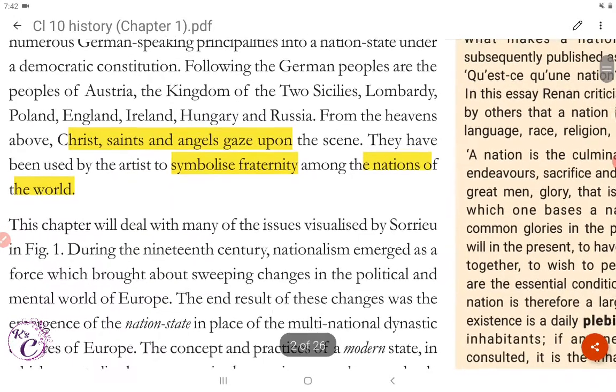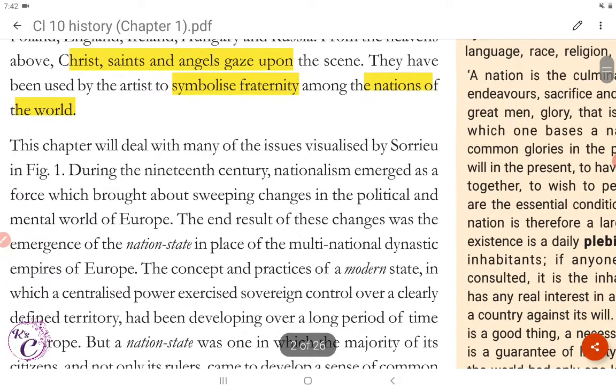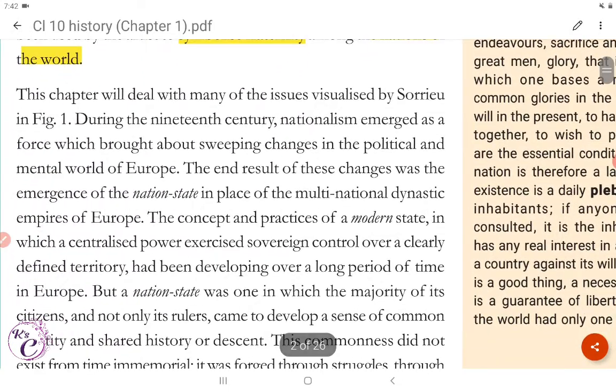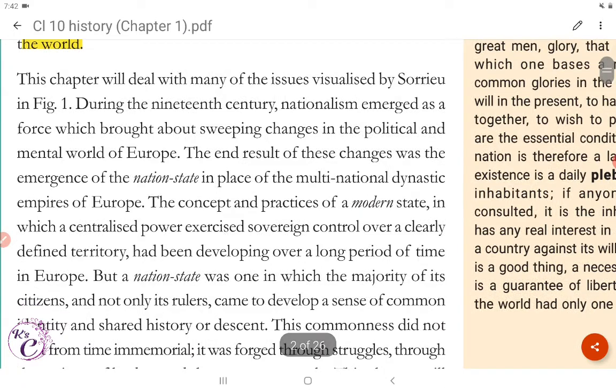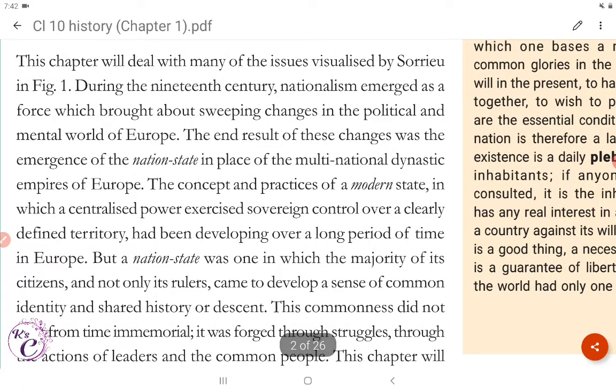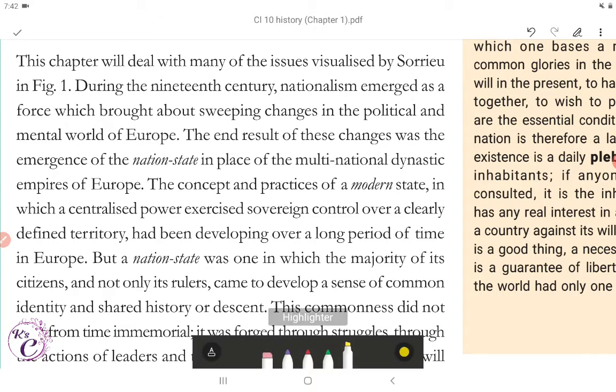This chapter will deal with many of the issues visualized by Sorrieu in Figure 1. During the 19th century, nationalism emerged as a force, which brought about sweeping changes in the political and mental world of Europe.